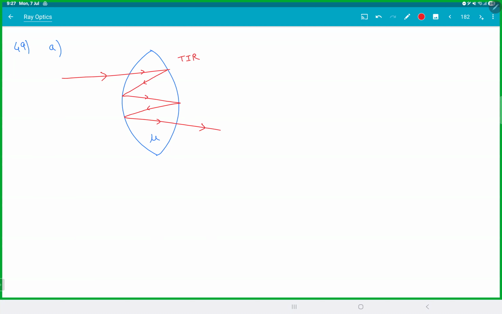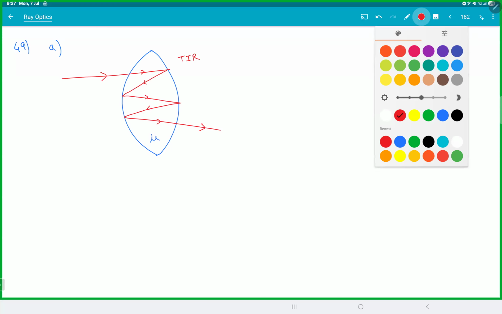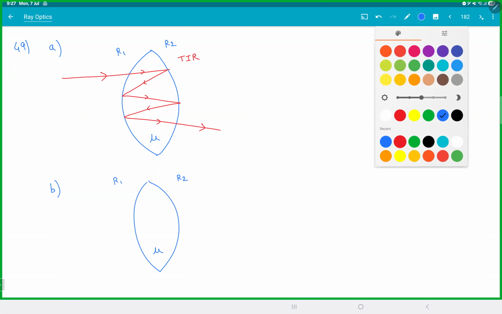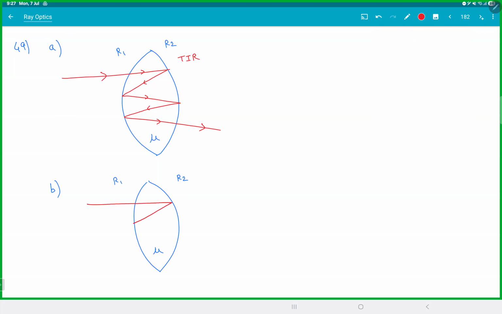Because of TIR, the light ray is bouncing inside the lens and it comes out. Let this be R1, let this be R2. In case 2, the light ray bounces, bounces, bounces, and comes up like this. Find the focal length of the system.